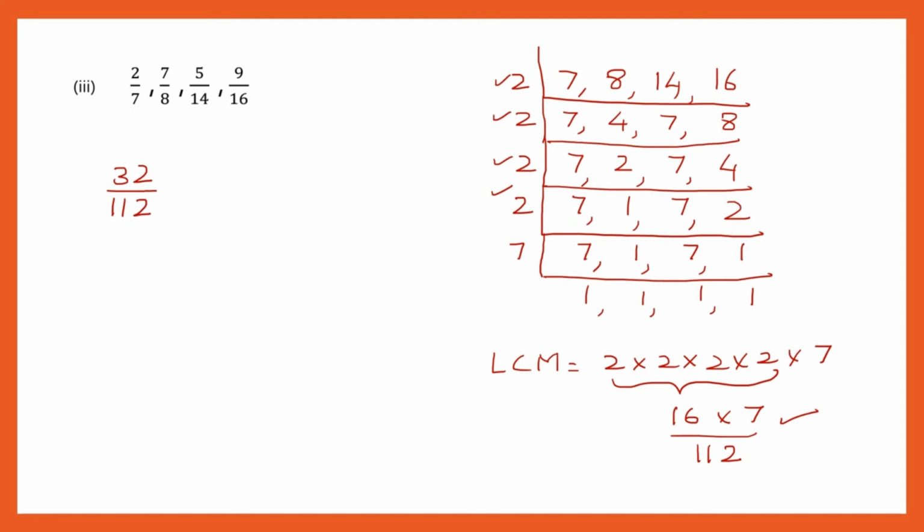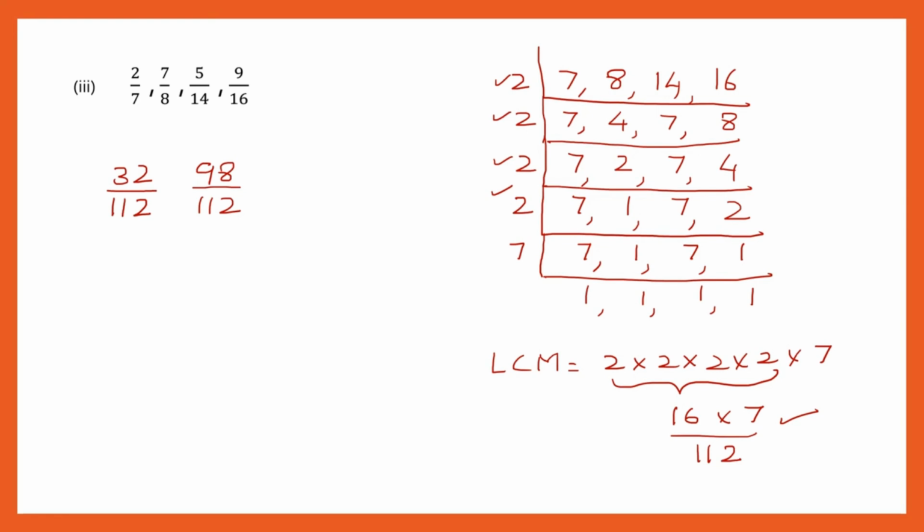Let's move on to the second one. 8 into what will give us 112? 8 into 14. So we have to multiply 7 also by 14. Right? So our denominator is already 112. 7 into 14 is 98. So we got our second fraction, 98 by 112.